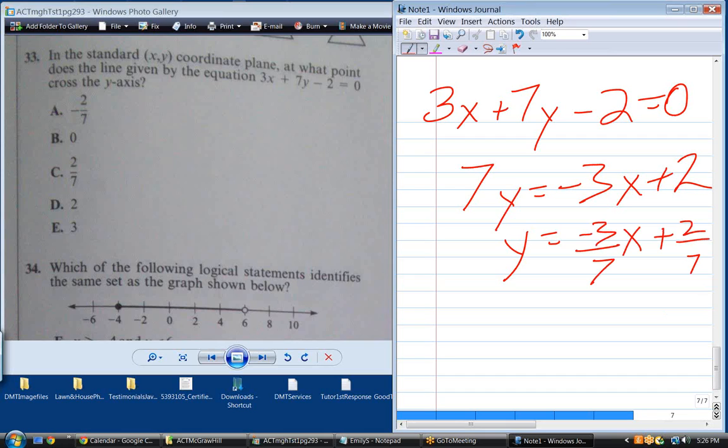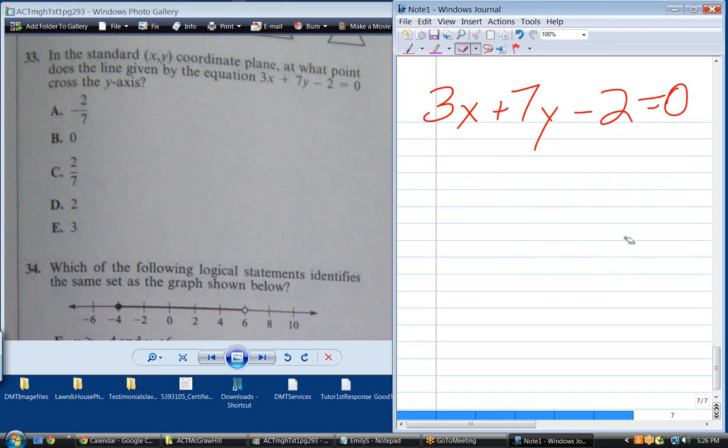Good. Now, there's actually a little faster way to do this. Let me just point this out to you. The y-intercept is where x equals 0. The x-intercept is where y equals 0. In other words, if I have a line that crosses the y-axis and I want to know where that is, the one thing I know about it is the x-coordinate is 0.